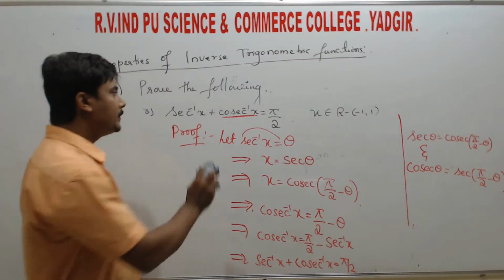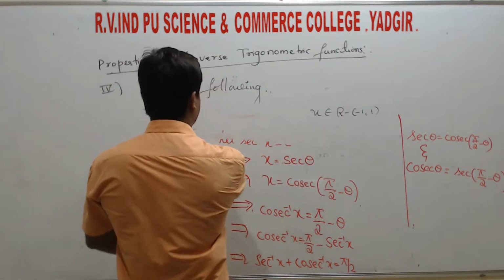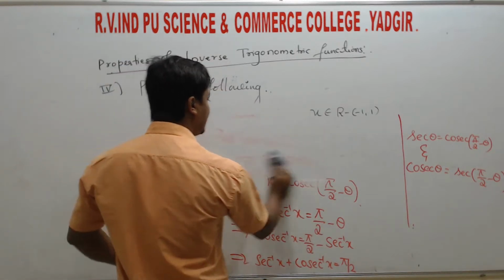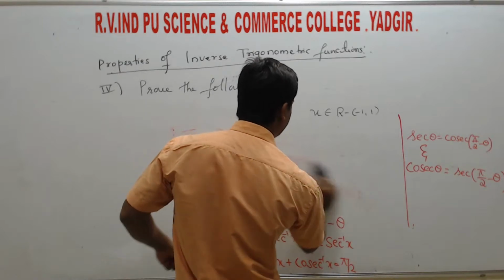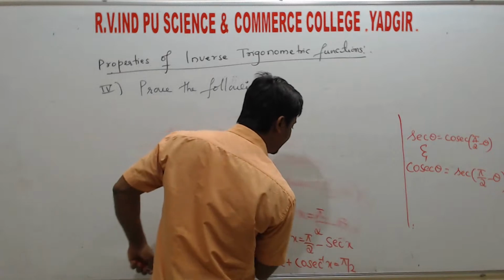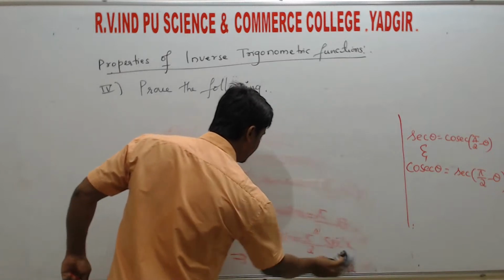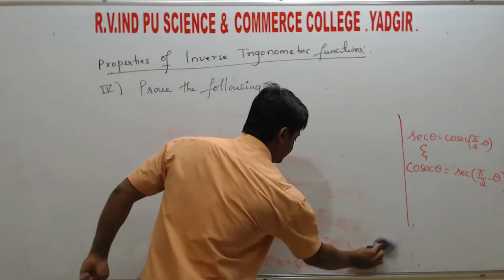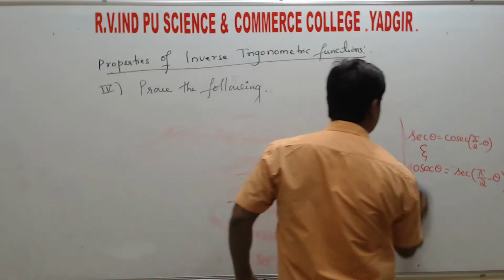Now, how to remember these three formulae? Totally there are three results in terms of pi by 2. I will tell you the way to remember these three pi by 2 formulae, dear students. Just remember the logic.